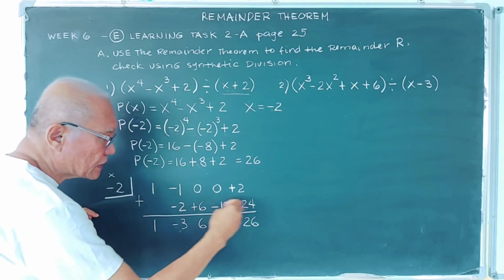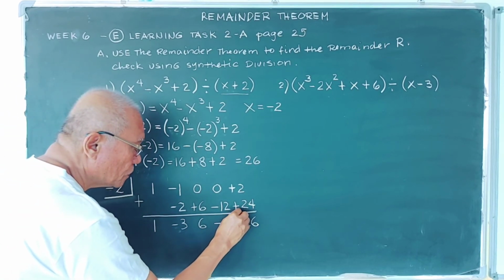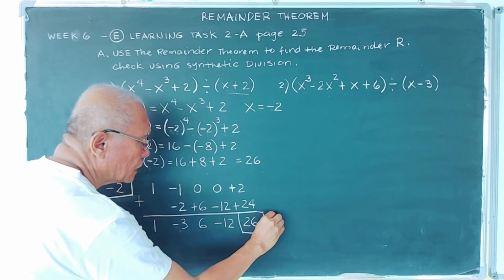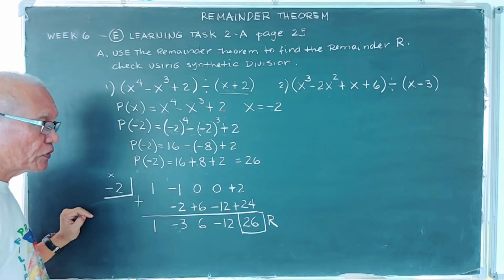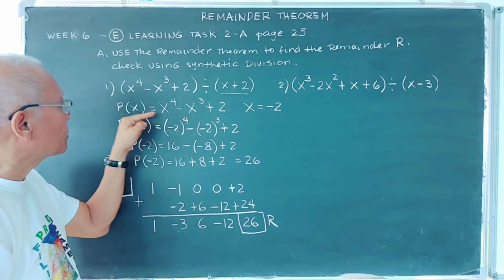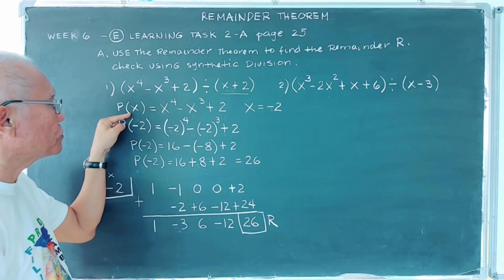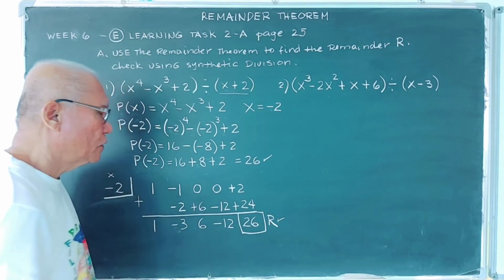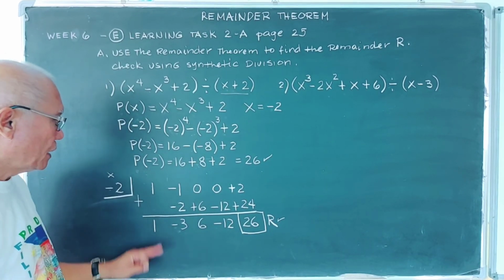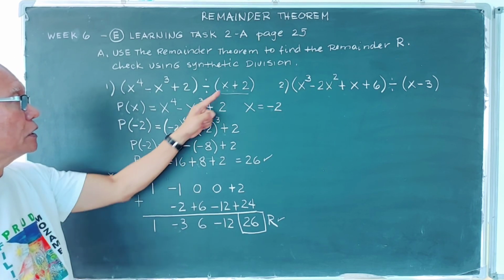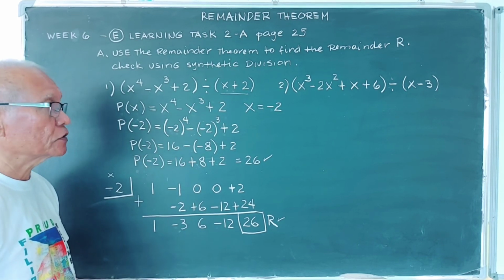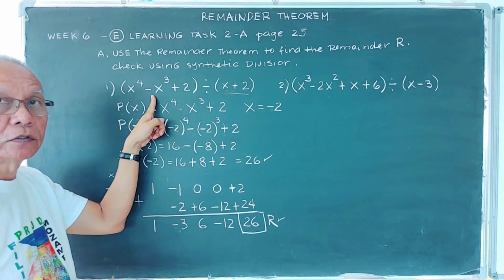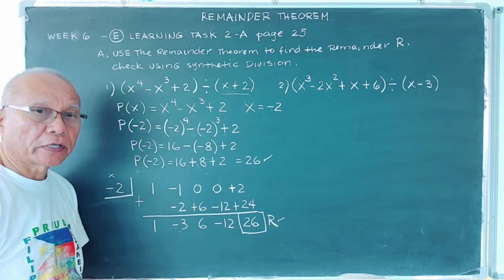At yung last na number na yon, ito, sa synthetic division, yun ang ating remainder. So, tama ba ang remainder natin doon sa pag-substitute ng negative 2 dito sa equation na ito? 26 ito. 26 ito. Okay. So, check. And then, conclusion is, ito talaga ay hindi one of the factors nito. Hindi siya factor. Okay, number 2.